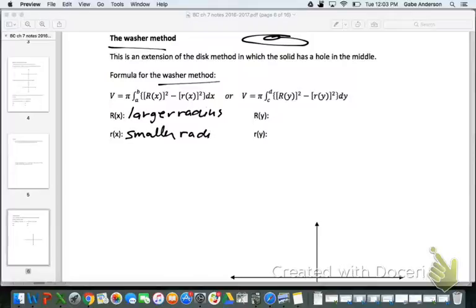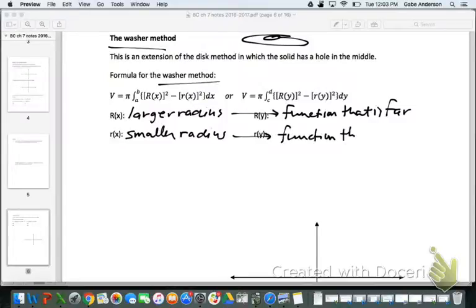Some people would refer to that as the inner radius. It's all really the same thing. And then big R is going to be connected with the function that is further, or far from the axis of rotation. Little r is going to be connected with the function that is closer.